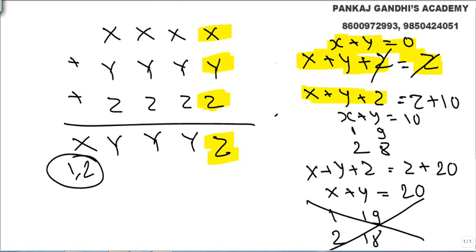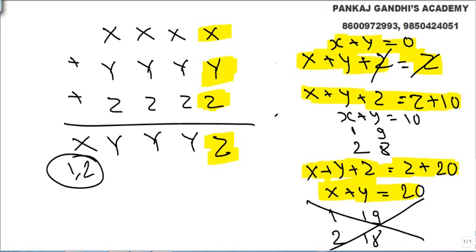So either x plus y plus z is z plus 10 or z plus 20. Why it works out? Because three things, maximum carry forward can be 2. Now, either it's 10 plus z or 20 plus z.